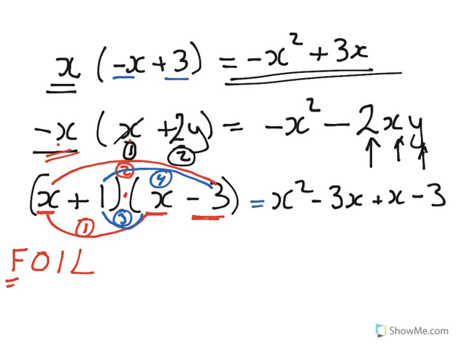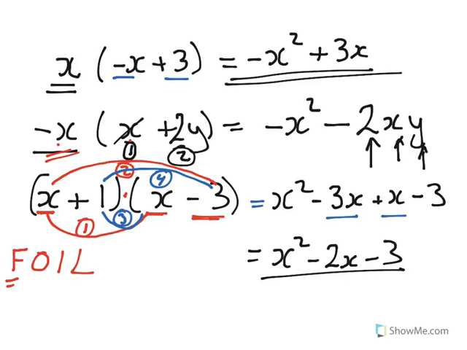Now I can see that I've got two expressions here in the middle that both have only x's in. So these two must be added together. So I'm not finished yet. This can then be simplified to x squared minus 2x minus 3. And this is my answer once I've expanded out the brackets.